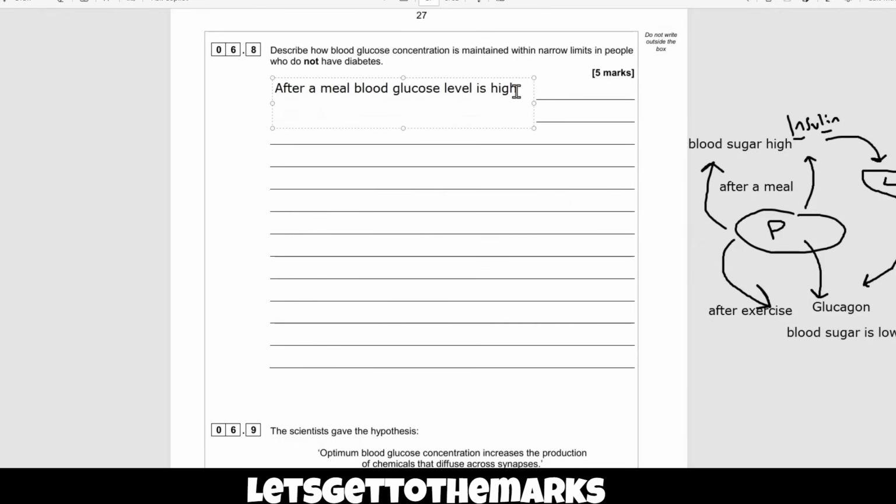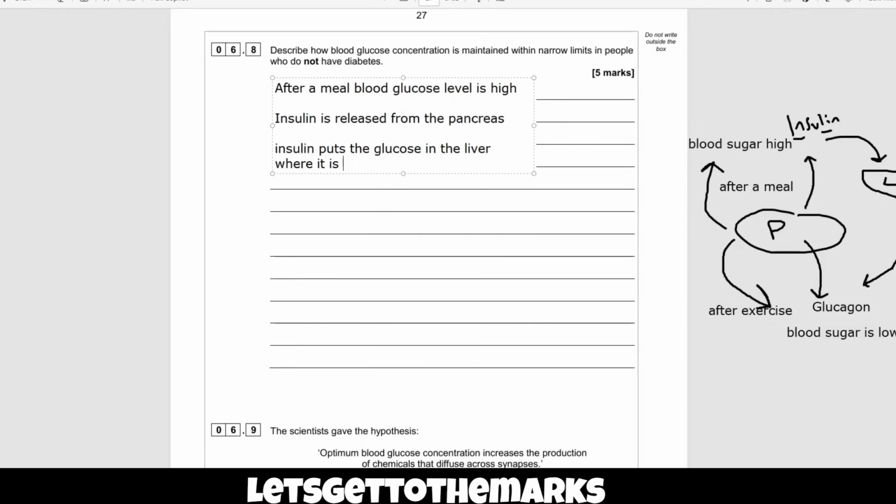Insulin is released from the pancreas. Insulin puts the glucose in the liver where it is converted into glycogen.